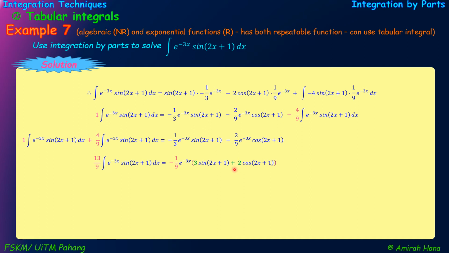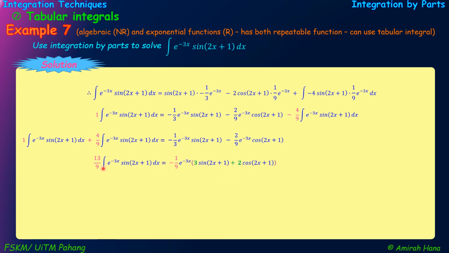And then 2 here, because when we multiply negative 1 over 9 times positive 2, we get back negative 2 over 9. And then we have e to the power of negative 3x outside the bracket. So no need to write e to the power of negative 3x here. So in the bracket now, we have cos 2x plus 1. Okay. So this is after we factorize this. Okay.